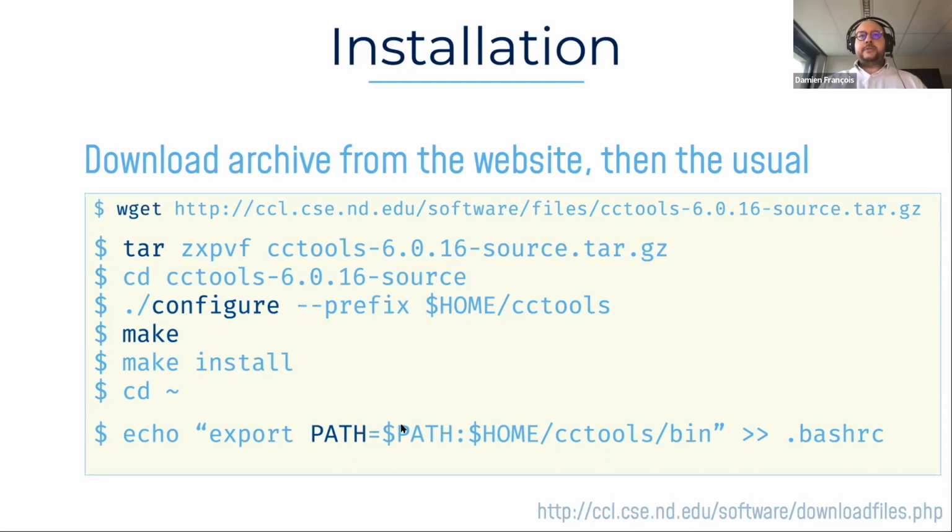And you can there specify the prefix to choose where you want Makeflow to be installed. And then you can run make and then make install, and you just have to make sure that your path contains the directory in which Makeflow is installed.